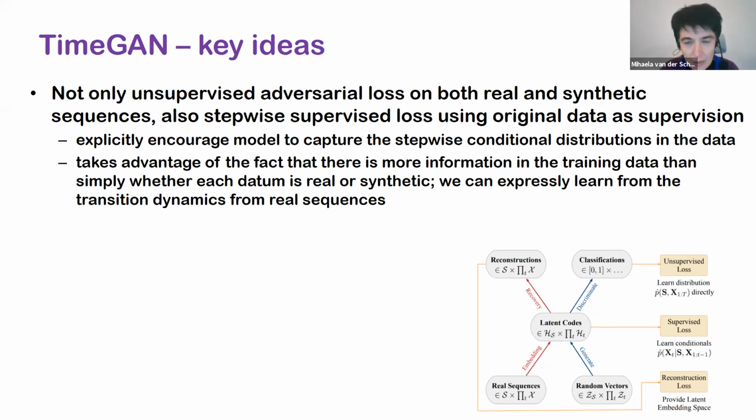This will also take advantage of the fact that there is more information in the training data than simply identifying whether the datum is real or synthetic. In this way, we can learn the transition dynamics from real sequences and make sure that they are also present in the synthetic data. So this is the reason for introducing a supervised loss in addition to the unsupervised loss.